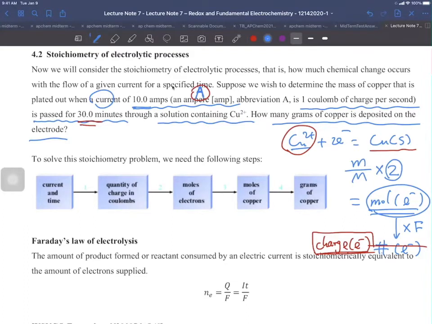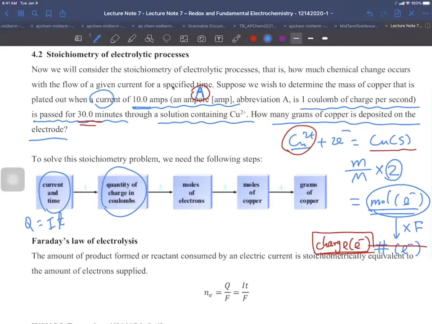Okay, then let's recall the process in a reverse way, about how to solve this kind of stoichiometry problem. We have the current and the time, which means we have the I and the T. By times these two together, we get the Q, the quantity of charge in coulombs.